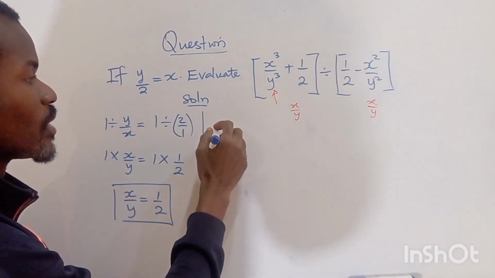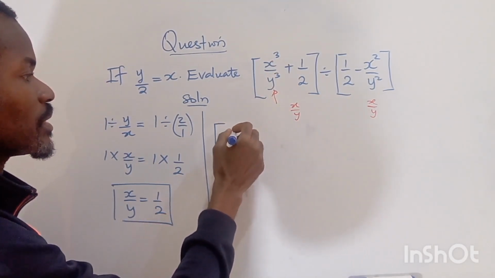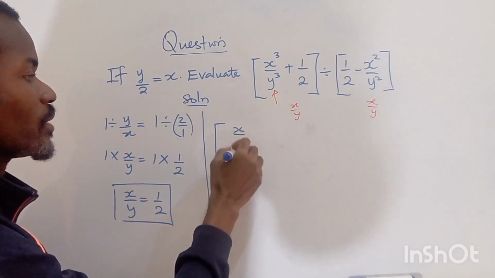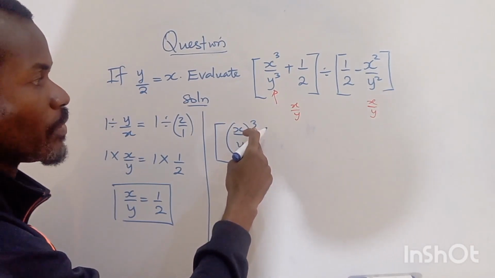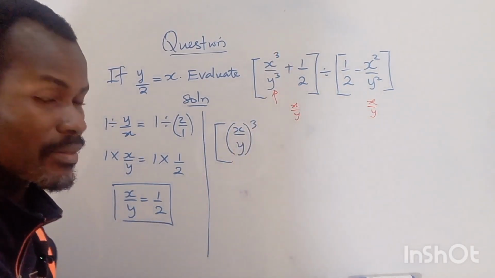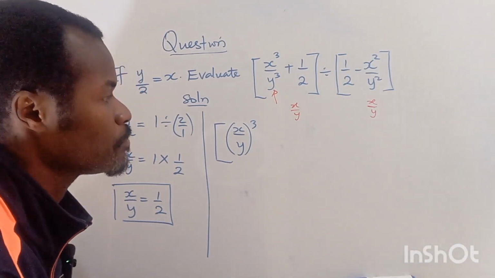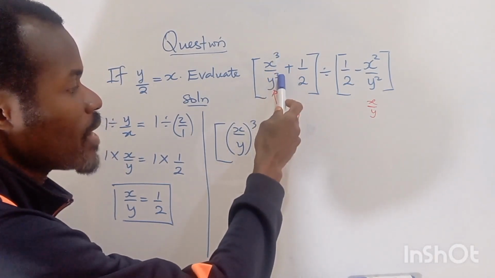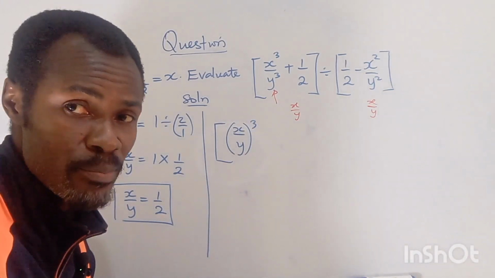Now that we've been able to solve this to get this, we can now work on this. In this expression, we can still write x raised to the power of 3 divided by y raised to the power of 3 as this, bringing out one of the powers since they are the same powers. That's the basic principle of indices, where if you have the same powers, you can put whatever you have and bring out one power.